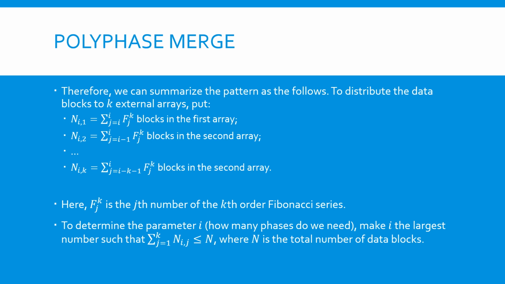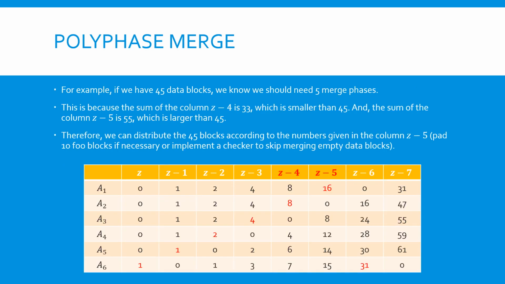Here is a more formal summary of the pattern we have learned from the prior example. While the pattern is easy to summarize, we will need to define the parameter I that can help us locate the numbers in the z-ith column. To find I, first know that the numbers in each column are independent of the input data set.